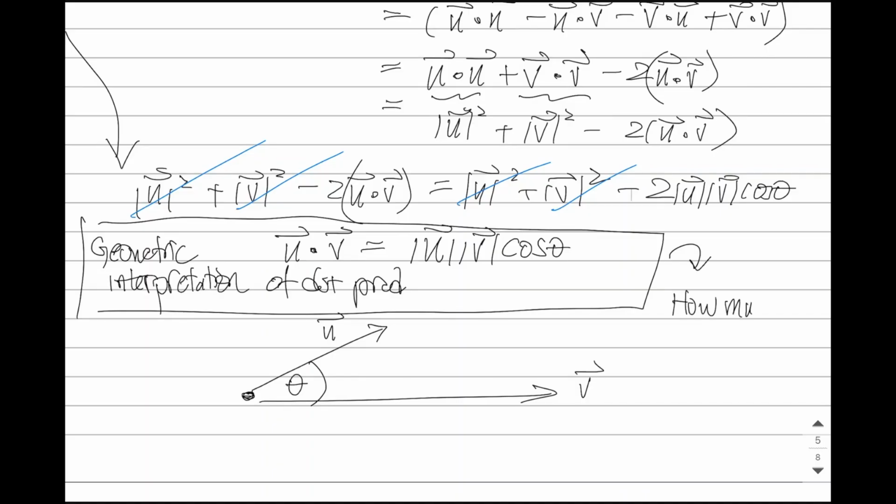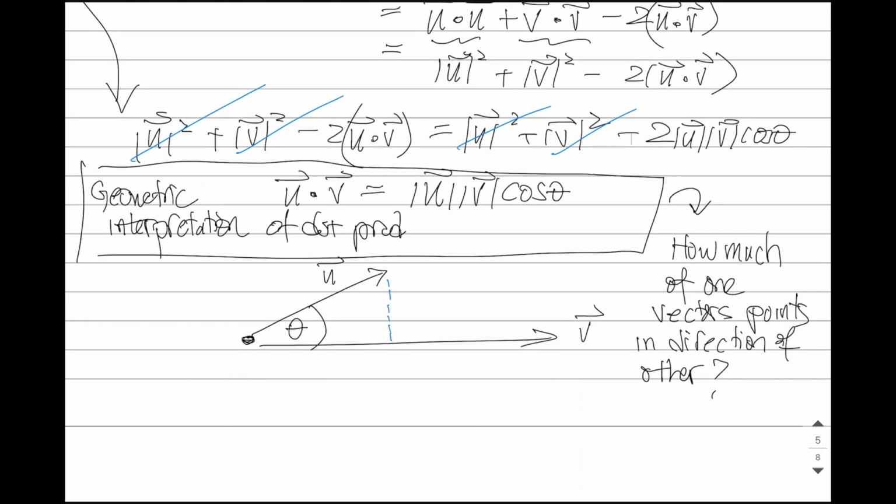Why is it the geometric interpretation? Remember that it's in terms of vectors. It's talking about the angle between them. How much of one of the vectors points in the direction of the other? It's talking about this shadow and the length of this shadow. Now, this length right here is length of u times the cosine of theta.